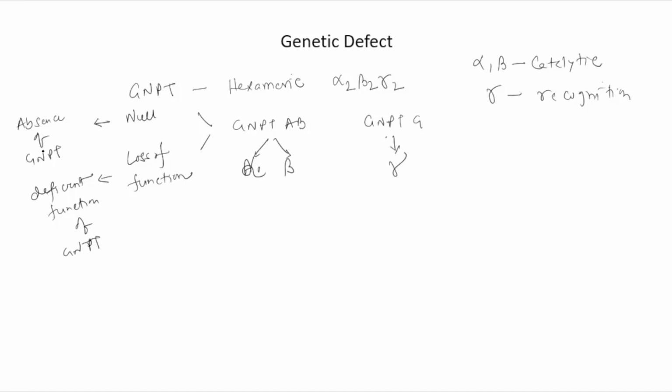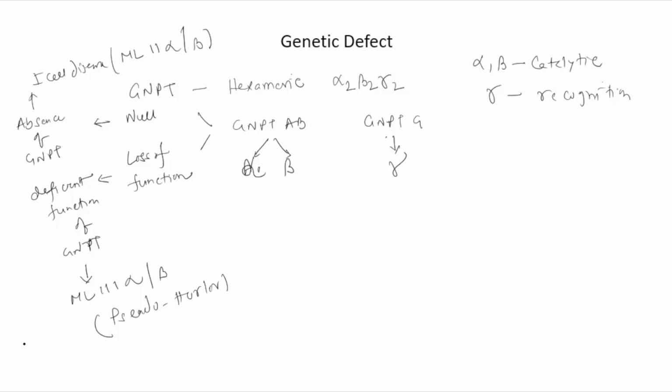When the enzyme is totally absent, the disease is I cell disease, also known as mucolipidosis 2 alpha or beta. And when there is deficient action of GNPT, that is, some level of enzyme activity is present, the disease is mucolipidosis 3 alpha or beta, also known as pseudo-Hurler syndrome.